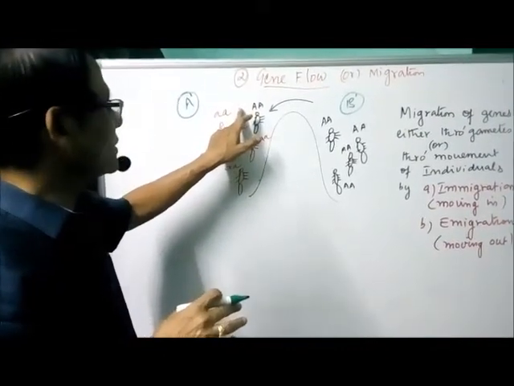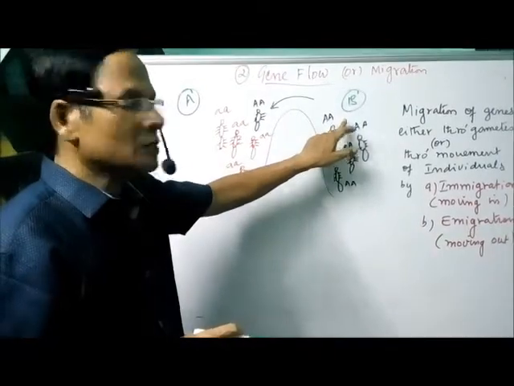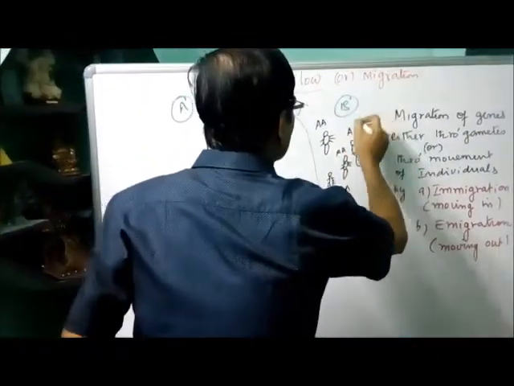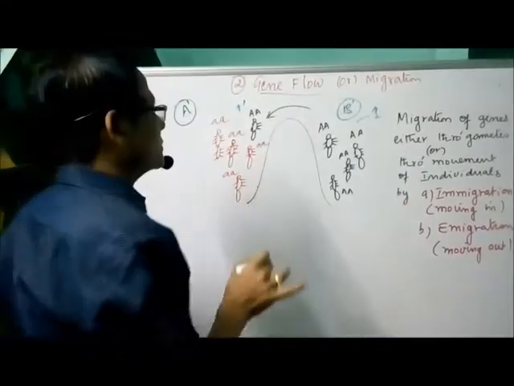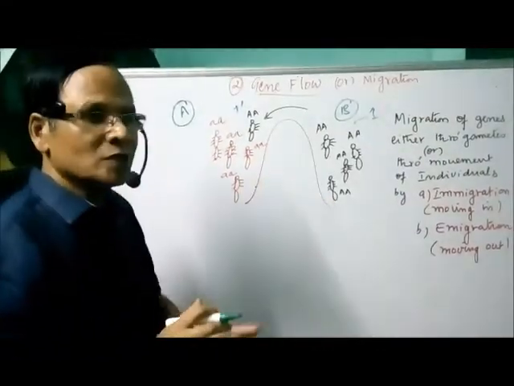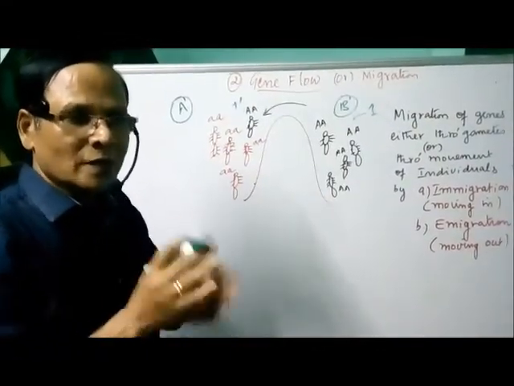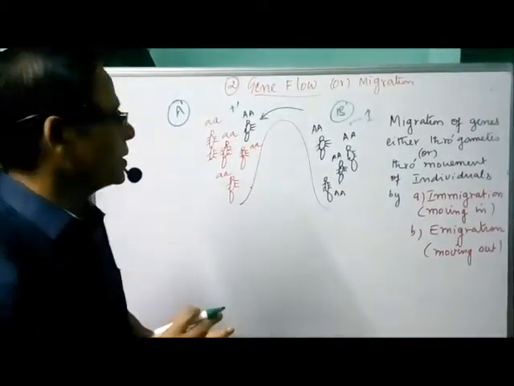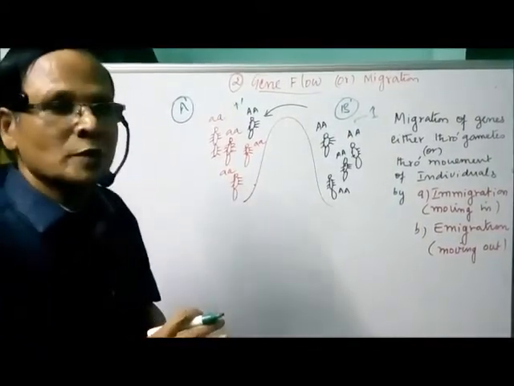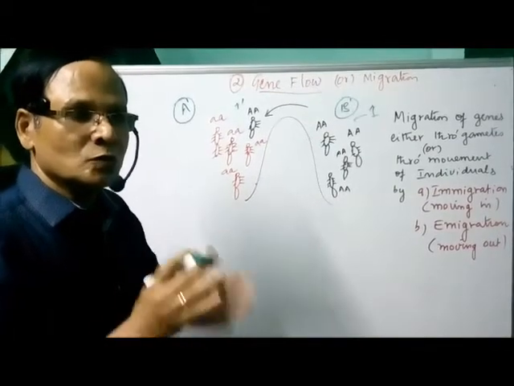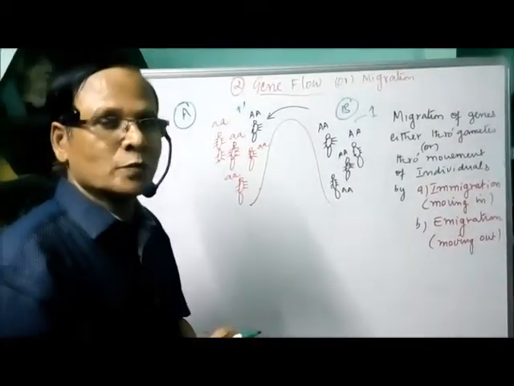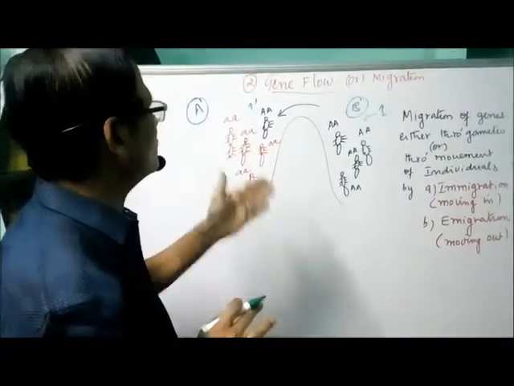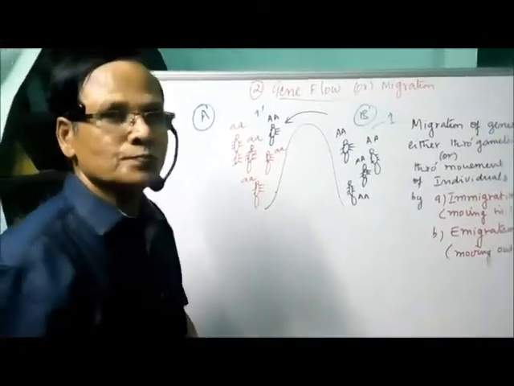So plus 1 here, and there is a loss, minus 1 there. In both cases you can find change in allelic frequencies, but in different proportions. Now this gene flow is one of the most important agents of evolution. That's about gene flow.